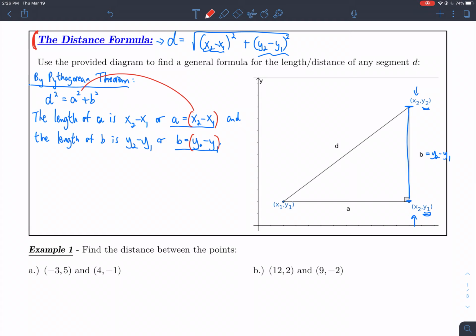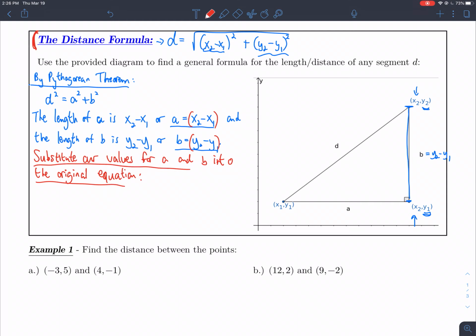Let's look at that. So let's say we substitute our values for A and B into the original equation. What do we get?